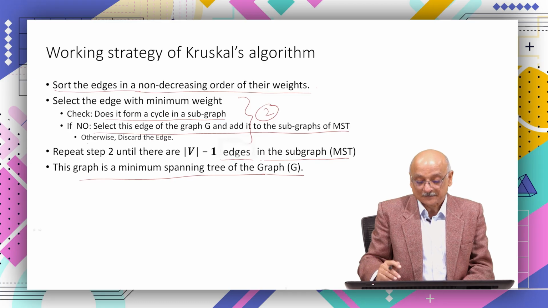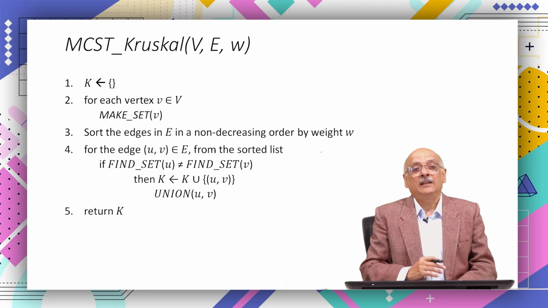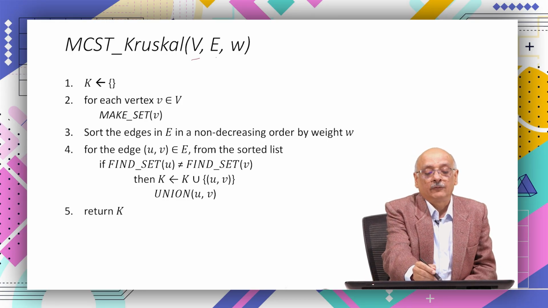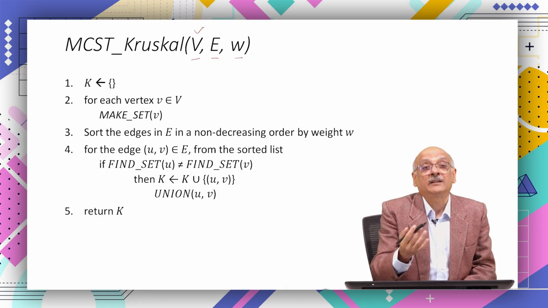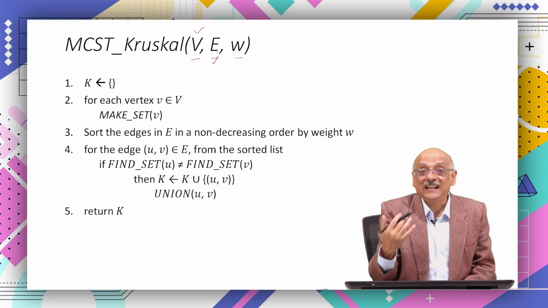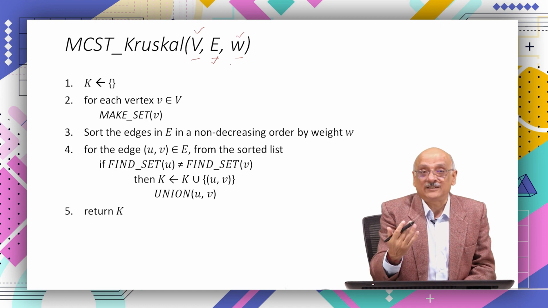All right. Now what is the algorithm for this? Well, the Kruskal algorithm takes 3 parameters, V, E and W. What is V? The set of vertices of the graph. What is E? The set of edges which are there in the graph. And W is the matrix, basically representing the adjacency matrix, which represents the weight of every edge, right?